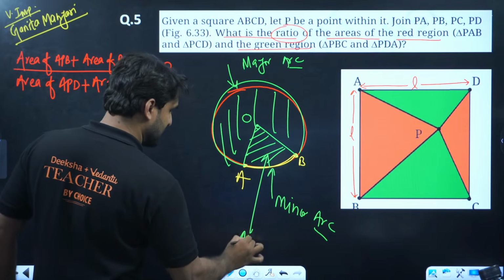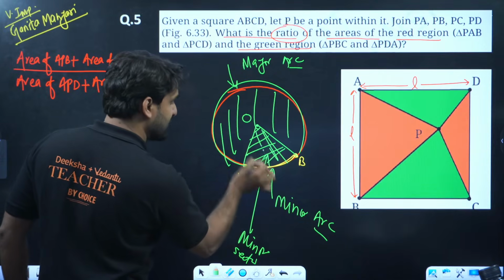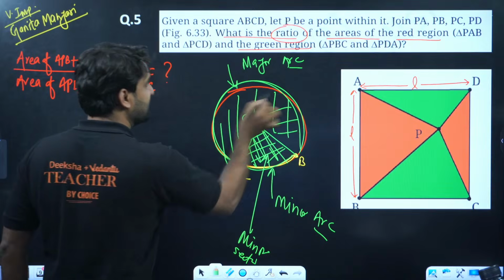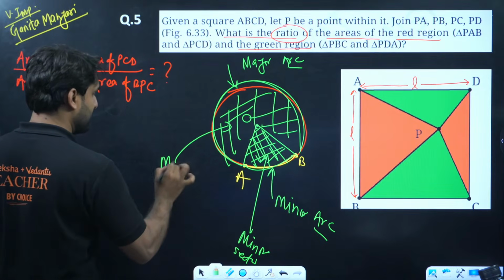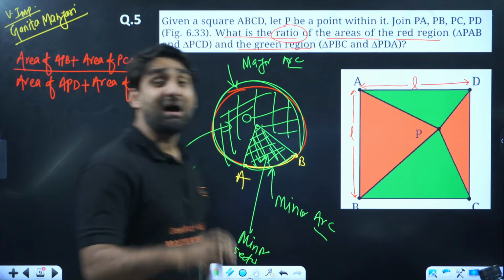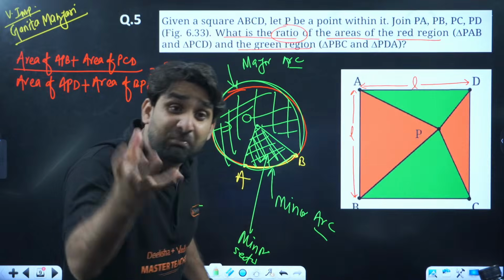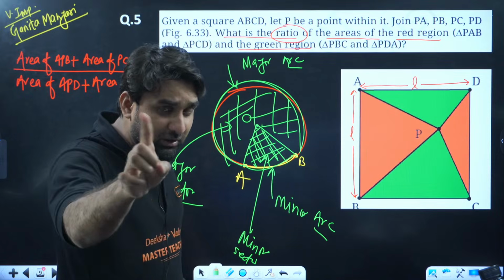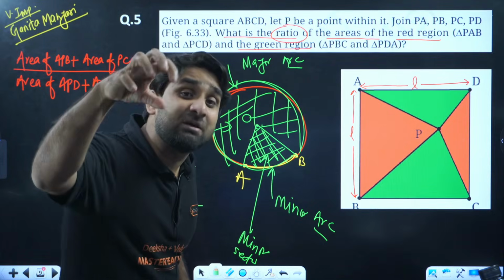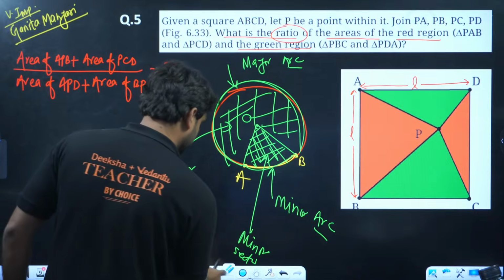This is called the minor sector, and this is called the major sector. So beta, arc is the part of the boundary of the circle, and sector is the part of the area of the circle. I hope this is clear to you, champion.